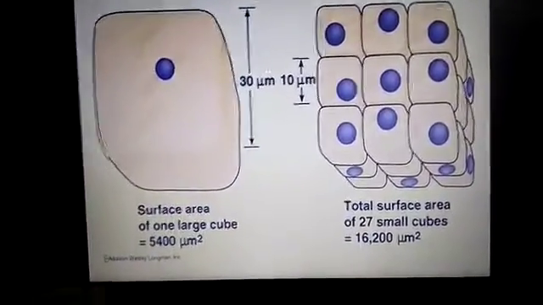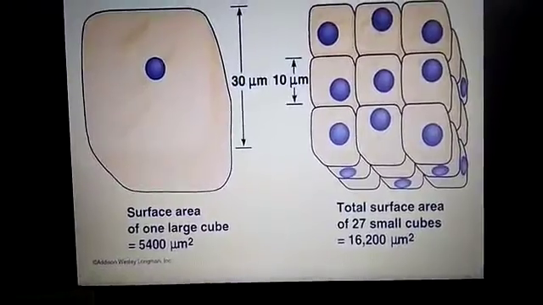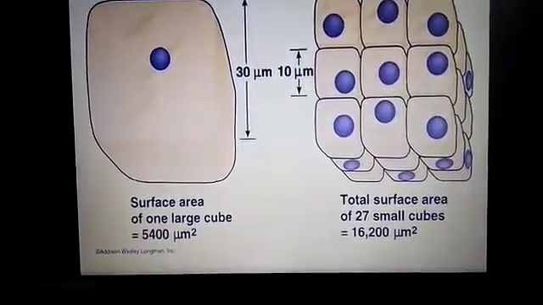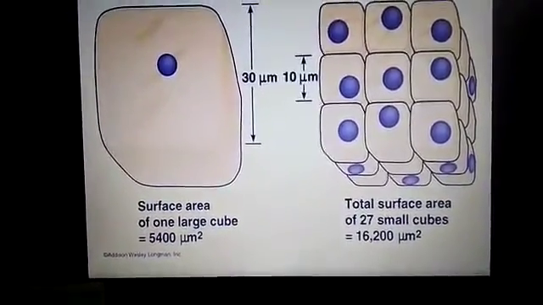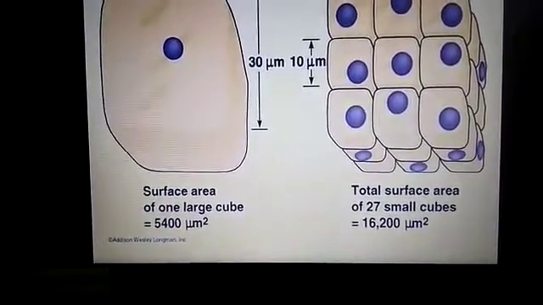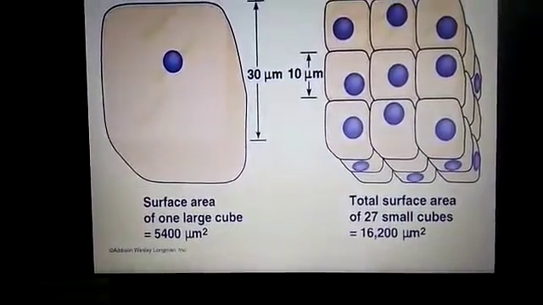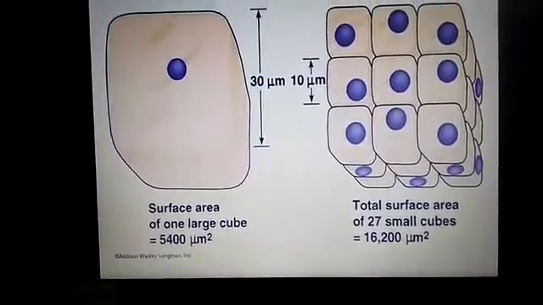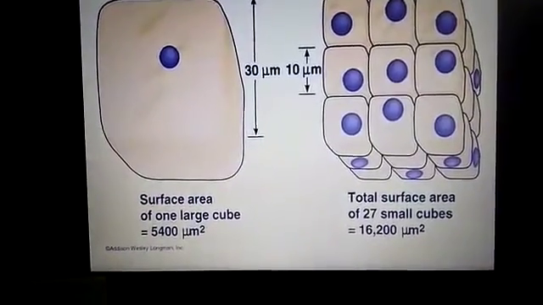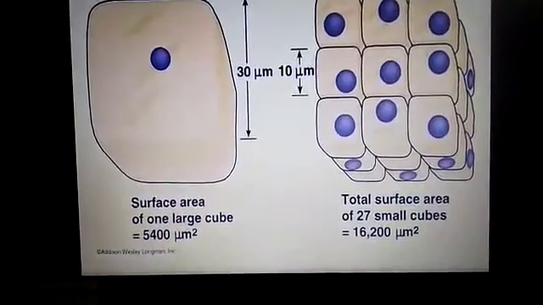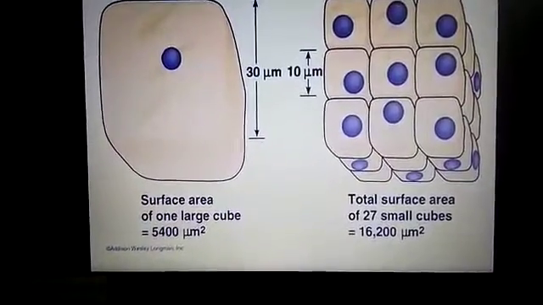The surface area of one large cube is 5400 micrometers, and the total surface area of 20 small cubes is 16,200 micrometers. Suppose we cut a cube into 8 equal smaller cubes by reducing each side to half its length, then the total surface area of these smaller cubes is 10 into 10 into 30, that comes to 16,200.